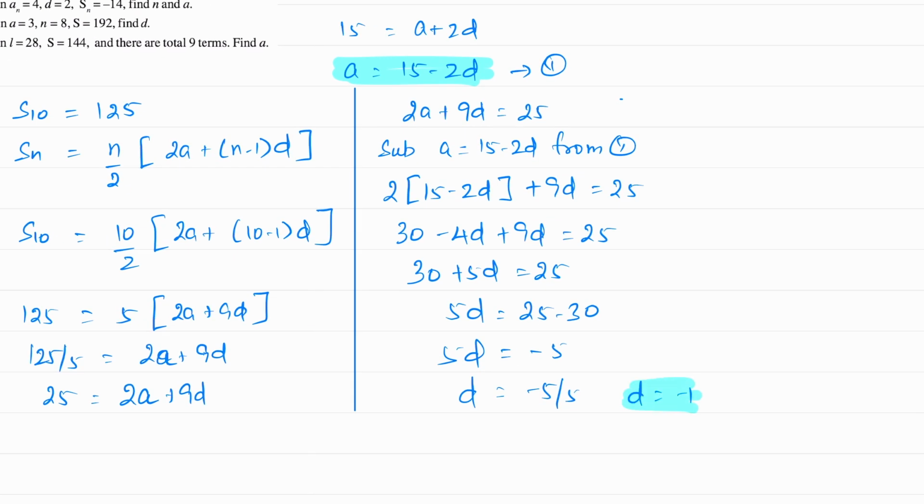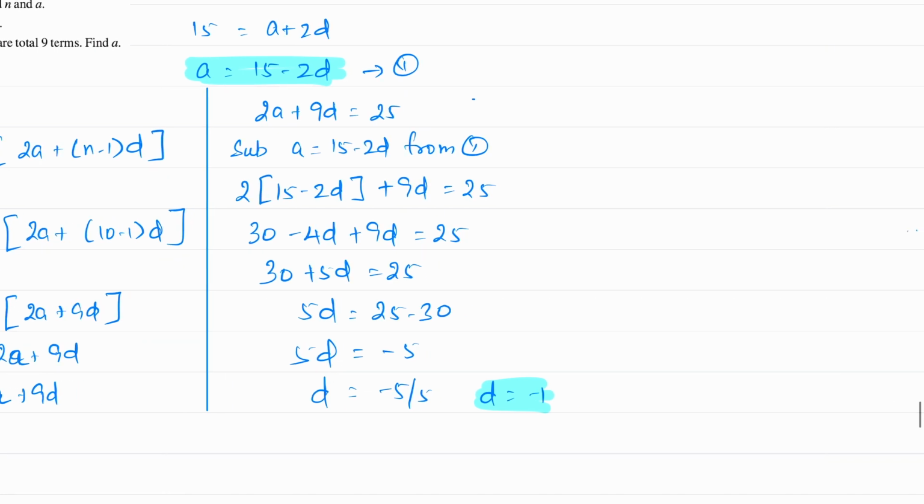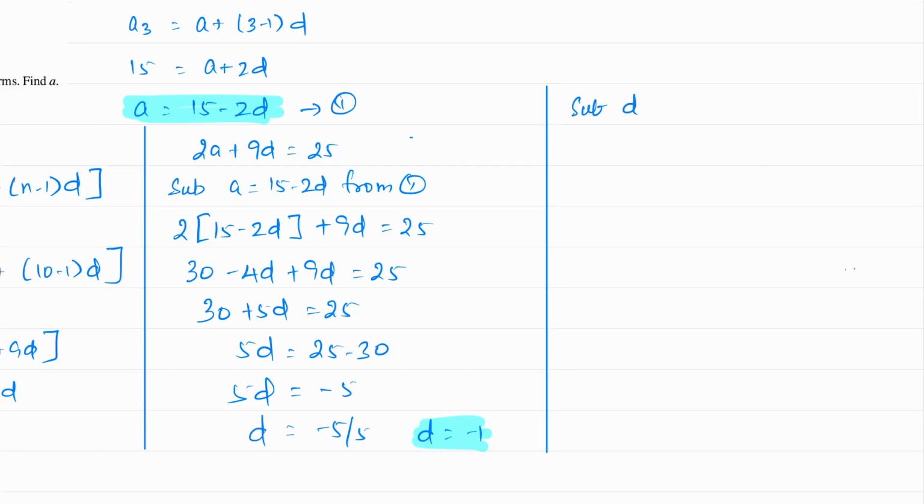Now we know the value of d equals minus 1, and substitute d equals minus 1 in equation 1. So a equals 15 minus 2d, and substituting this value, a equals 15 minus 2 times negative 1, a equals 15 plus 2, or a equals 17.